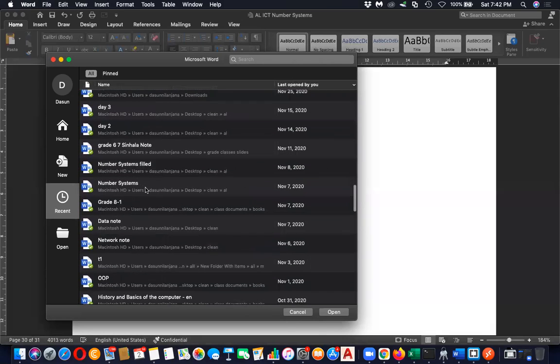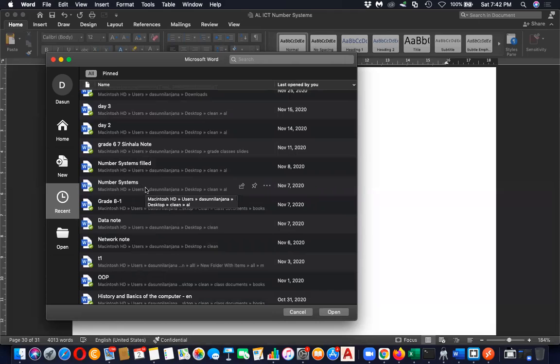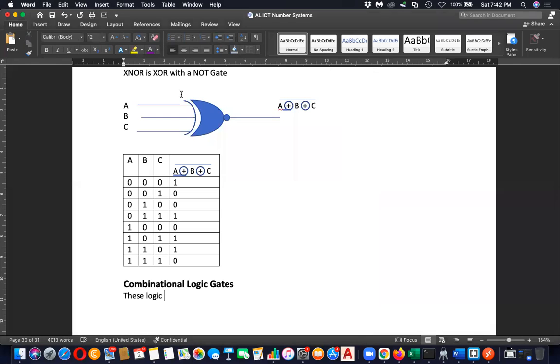I have duplicates, different copies. But I write this down with you because I want to get your maximum focus.